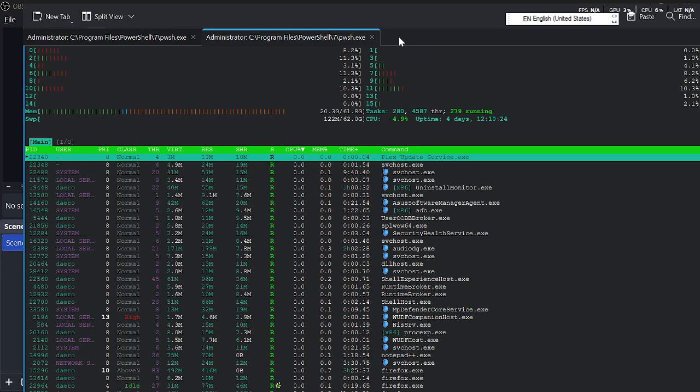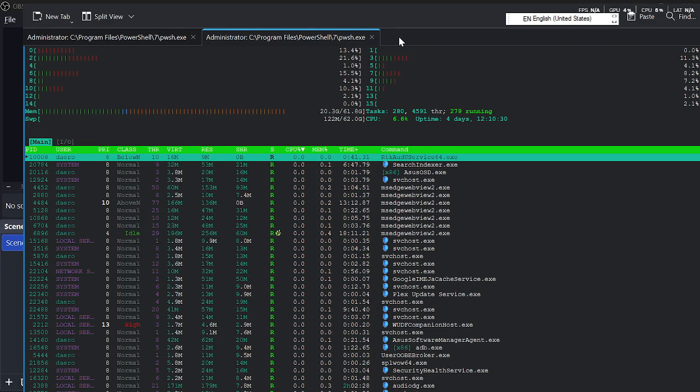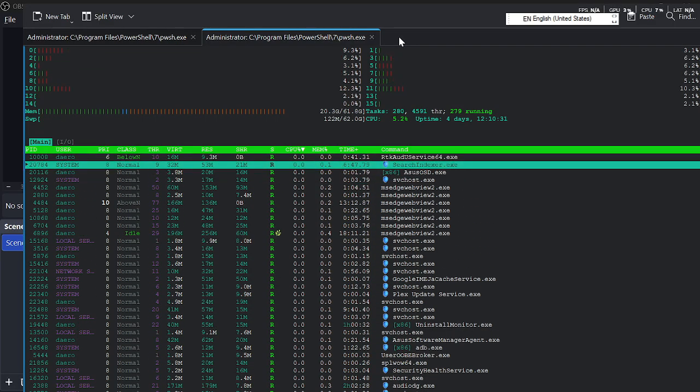It's just looking through the list of processes to try to find something that I can reliably kill without causing issues. Search indexer.